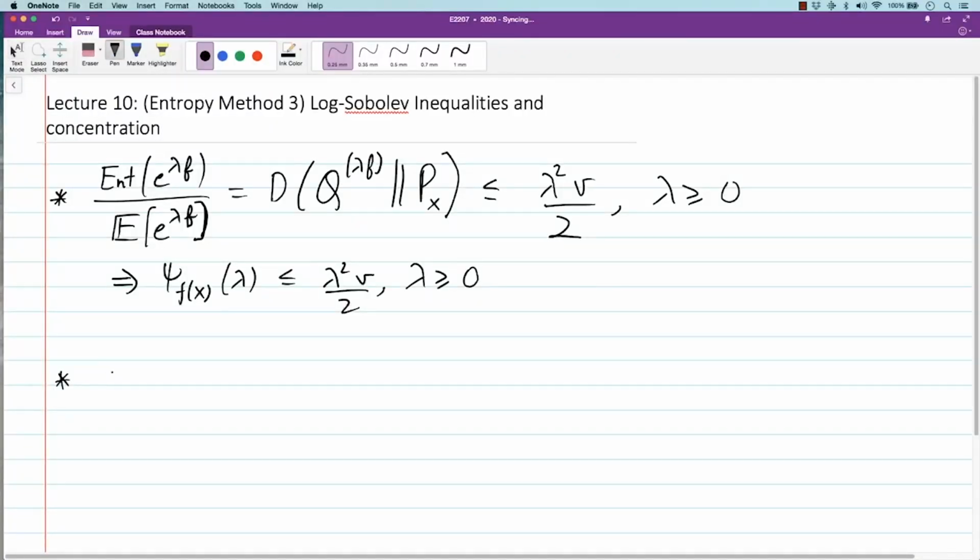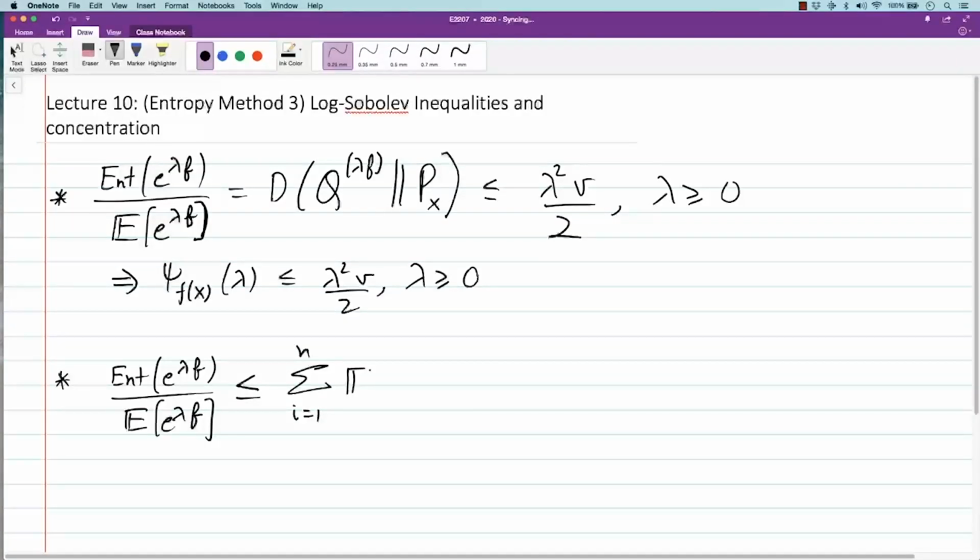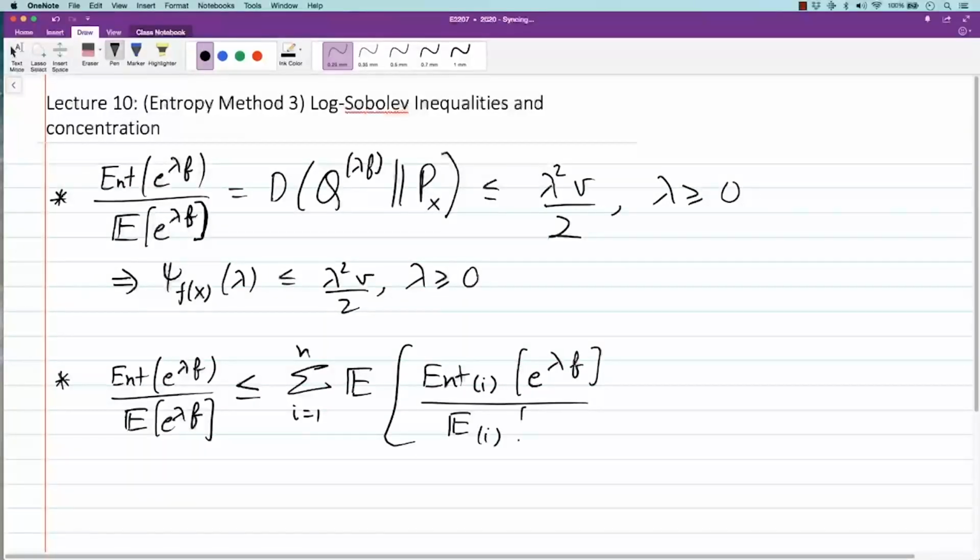And the second part is a tensorization property, where we saw that this entropy of e to the power lambda f by the moment generating function, when you have IID random variables, can be bounded by something very similar to the Efron-Stein inequality, expected value of similar quantities, but now described by fixing all but the ith coordinate. That's the tensorization part.